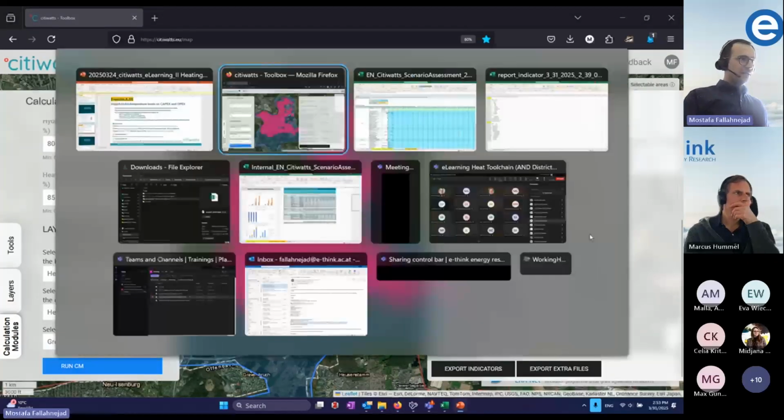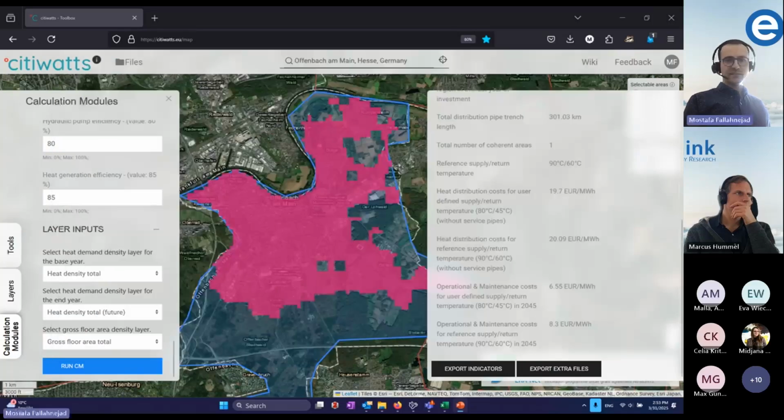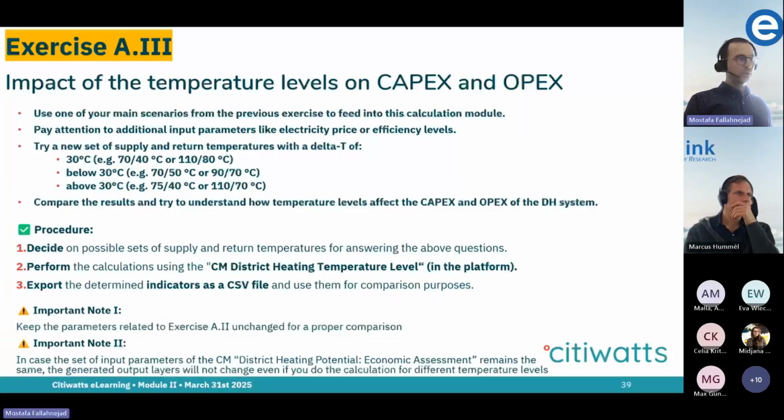For this, we still have an exercise, but you don't need to transfer them to the scenario assessment because it's an advanced calculation module. We will not consider it in our scenario assessment.